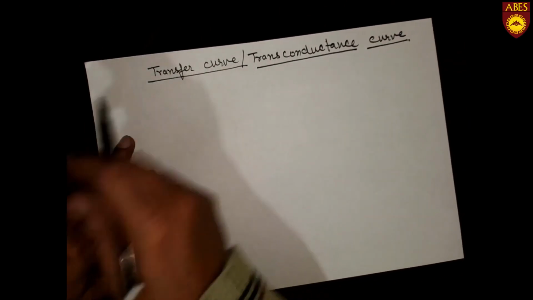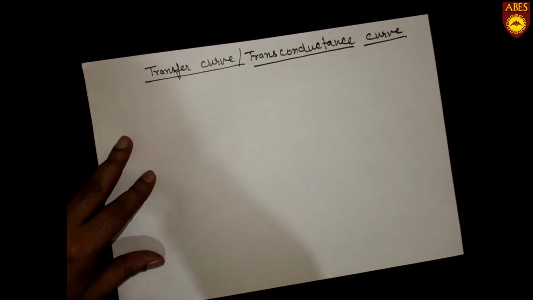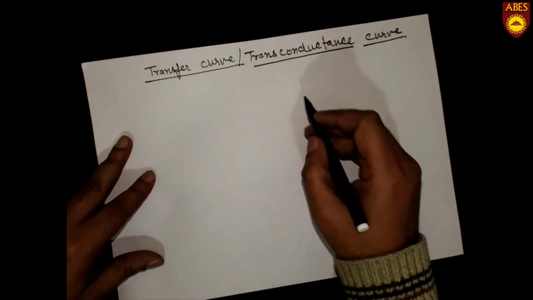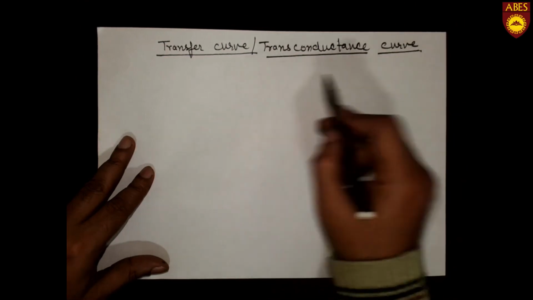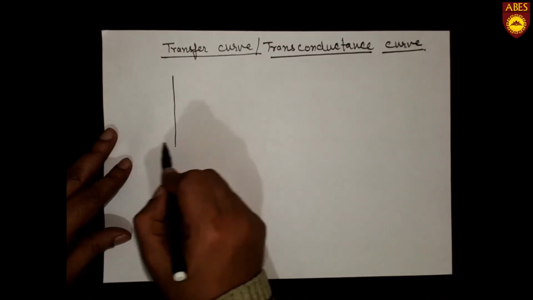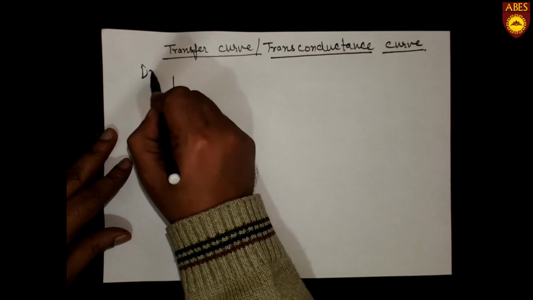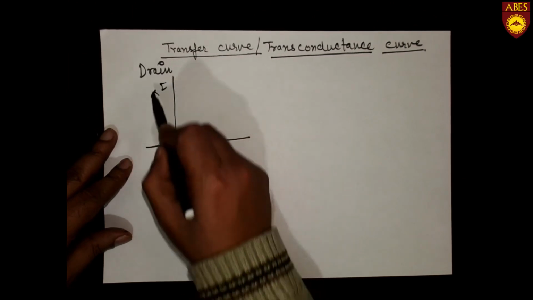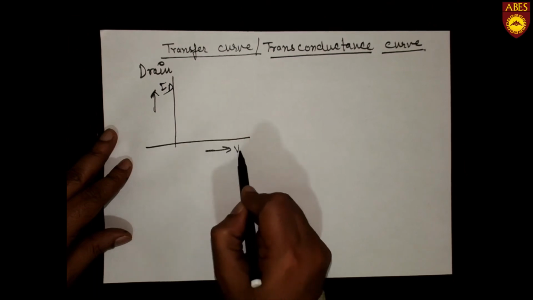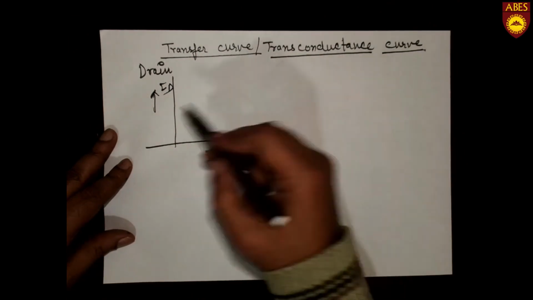These are characteristic curves which tell us about the behavior of the device. The drain characteristic curve is plotted between ID and VDS when VGS is constant.